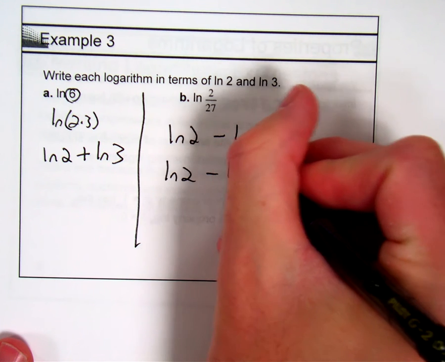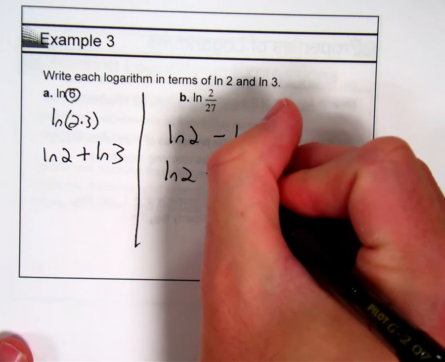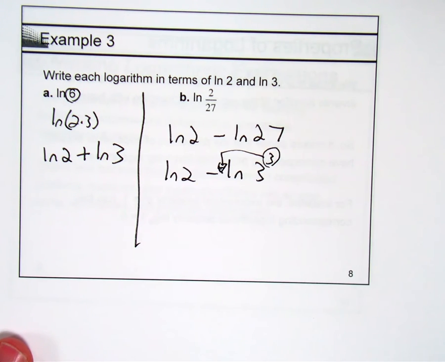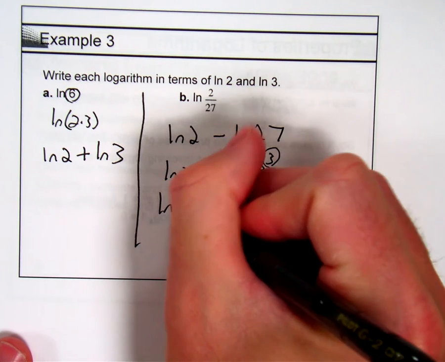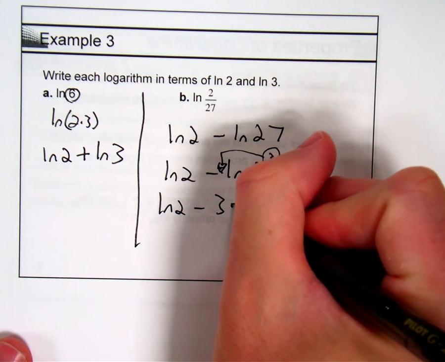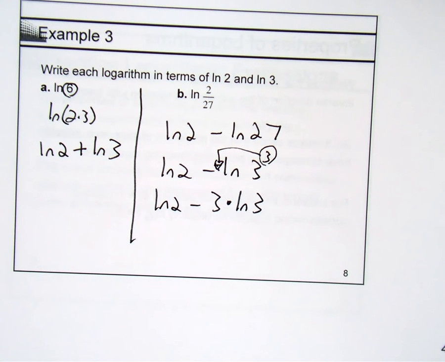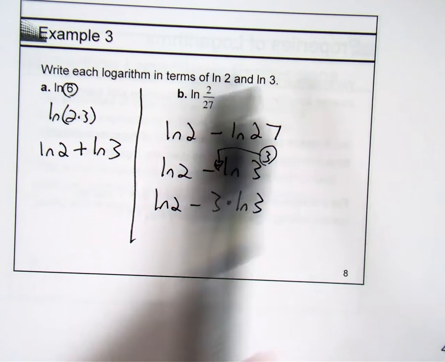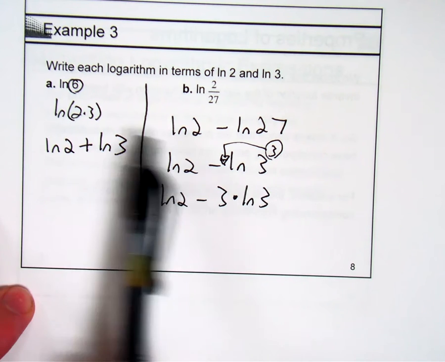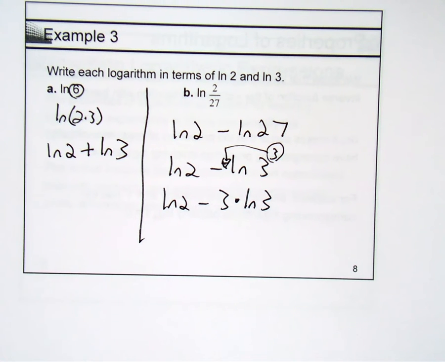And then we can use our power property to bring that 3 down in front. So we'll have natural log of 2 minus 3 times the natural log of 3. Tricky, tricky. Make sure we're following those directions. Too easy just to write that down as a subtraction.